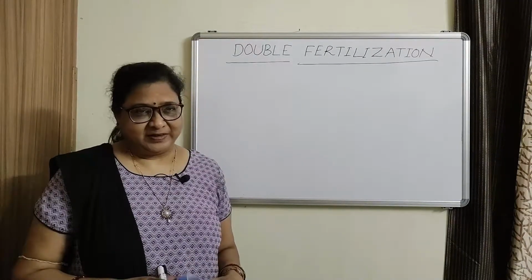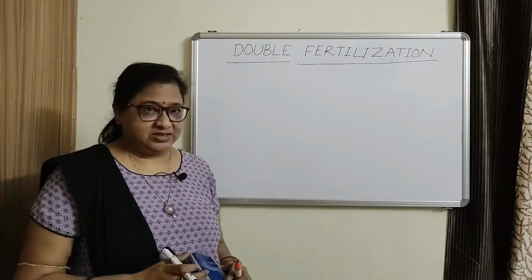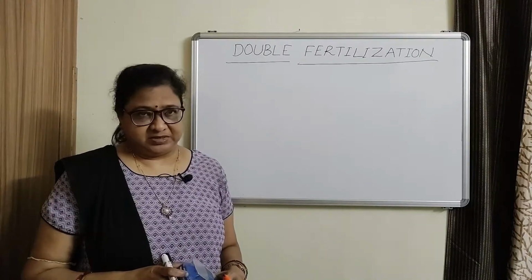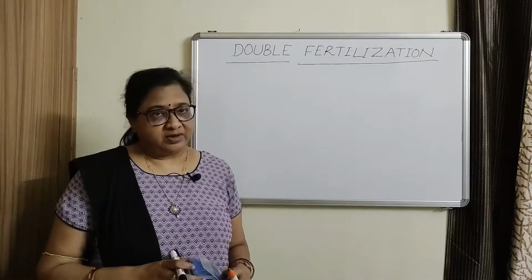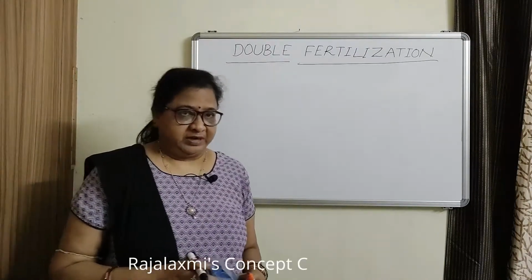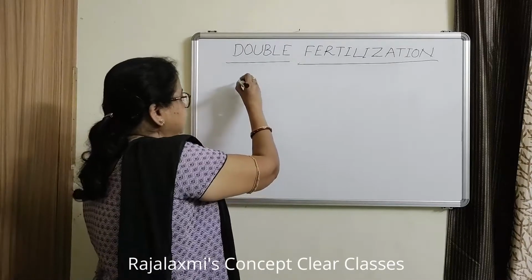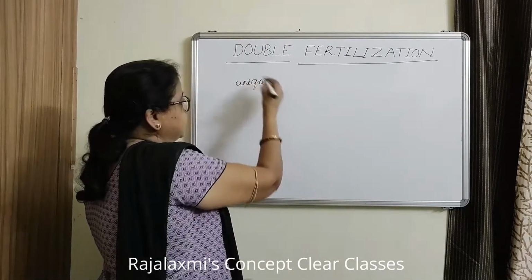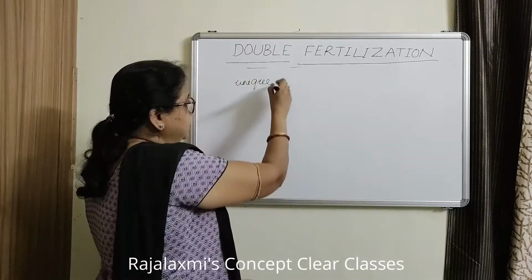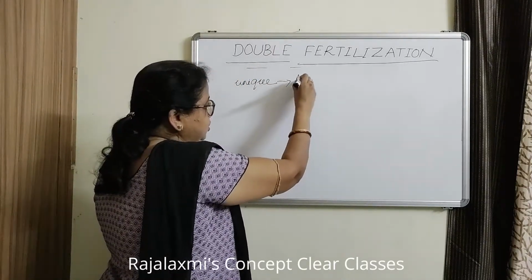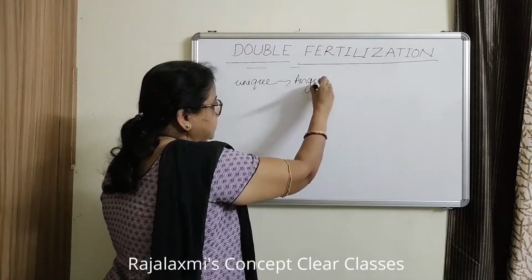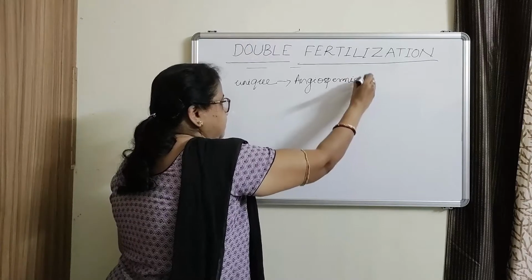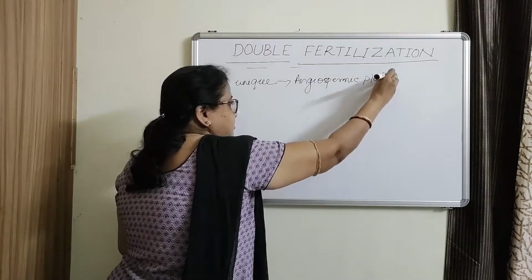Let's come to the topic. The topic is double fertilization. As the name indicates, fertilization occurs two times. It is unique to angiospermic plants, that is, flowering plants.